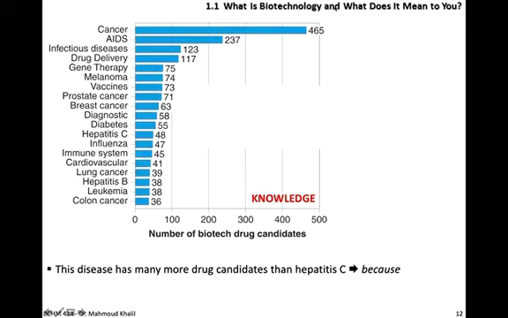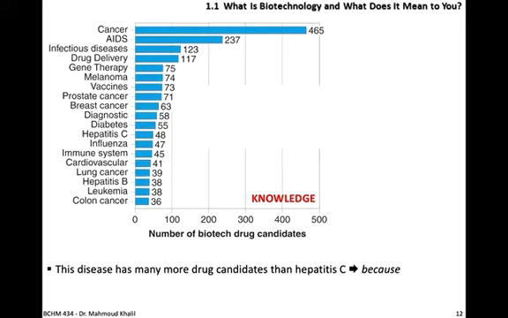So let's see here the number of biotech drugs that scientists managed to develop and their relation to diseases. You can find that cancer actually has a lot of biotech drugs. So what do we mean by biotech drugs? We mean drugs that are developed by the use of living organisms.